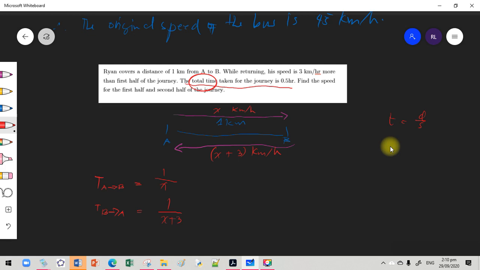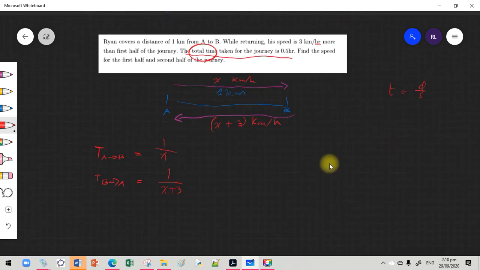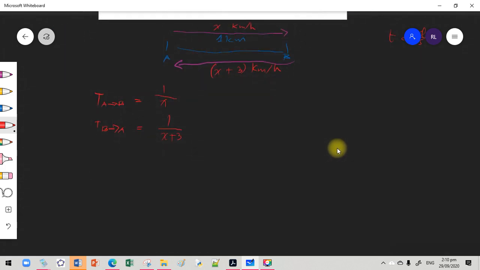So we can say that T sub A to B is greater than T sub B to A. That should be greater because 1 is only divided by x, where x must be positive, while 1 is divided by x plus 3, which becomes a bigger number.